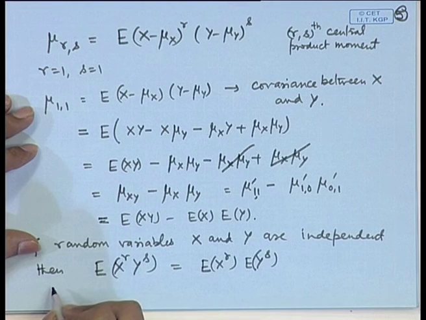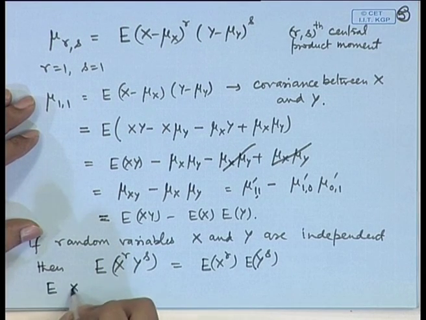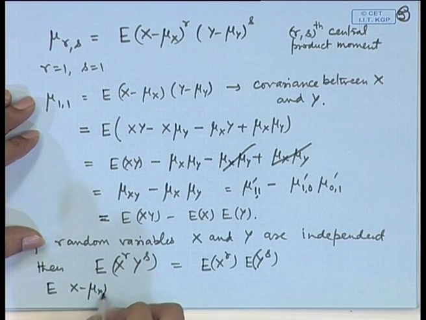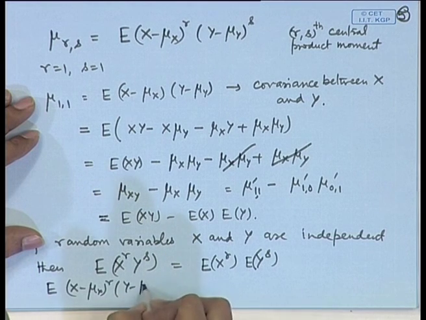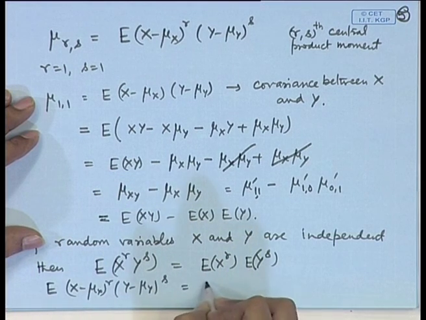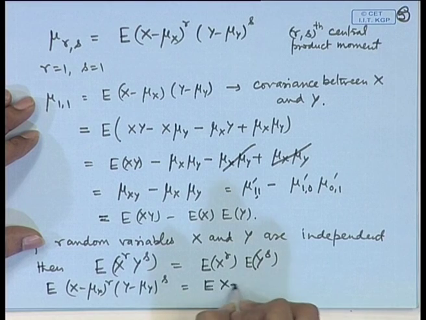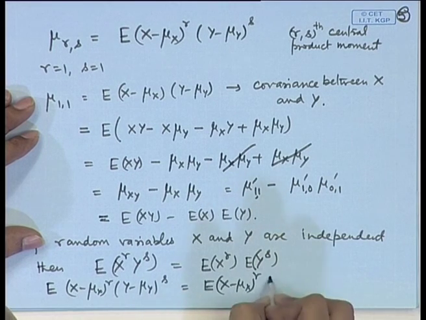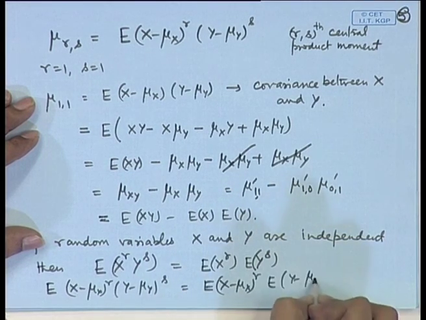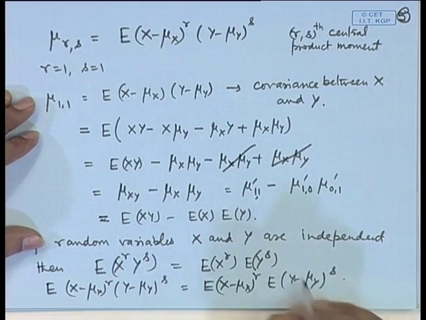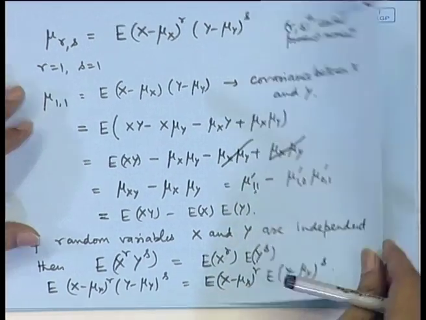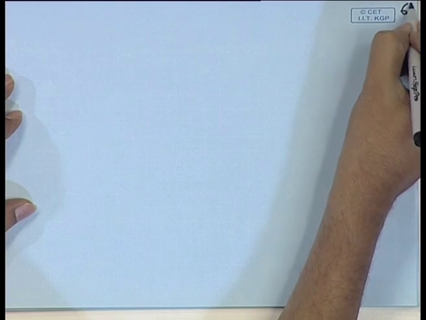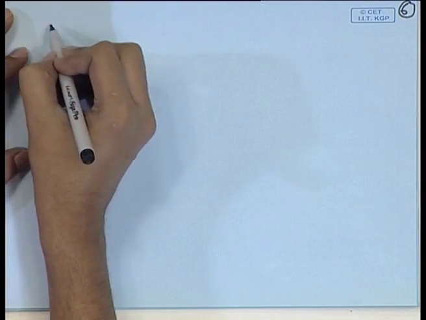Similarly, expectation of (x minus mu x) to the power r, (y minus mu y) to the power s will become expectation of (x minus mu x) to the power r, expectation of (y minus mu y) to the power s. To see this, let us prove a general result regarding the independent random variables.